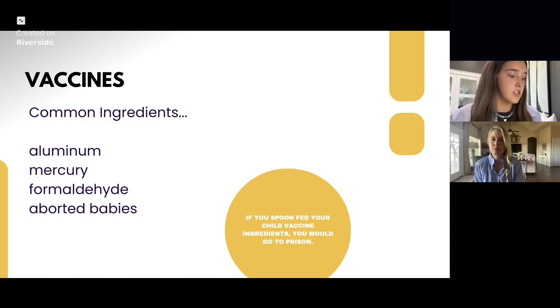There are certain codes that you can look for on the last one, and I for myself, I'm not into looking for the codes because I just choose to not do any of them. But if that's something you're interested in, I have a lot of information over that as well. And like I said, this is with every vaccine.